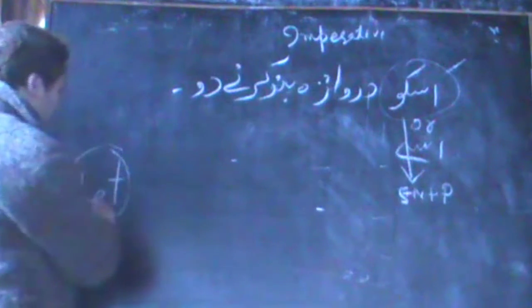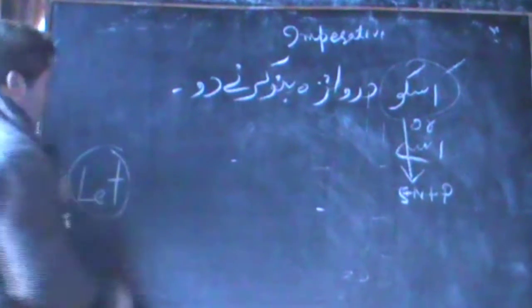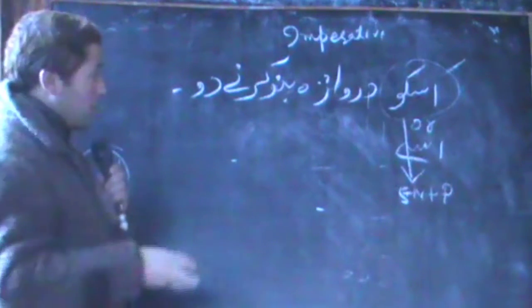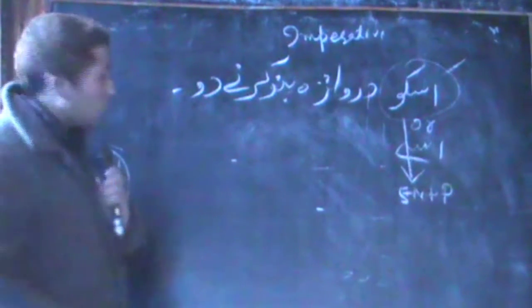The subjective case changes into the objective case, like in passivization: he becomes him, she becomes her, they becomes them. This way it changes. So let's see how it works.